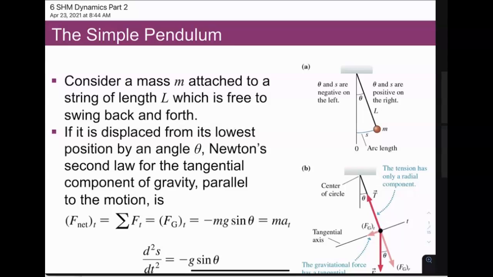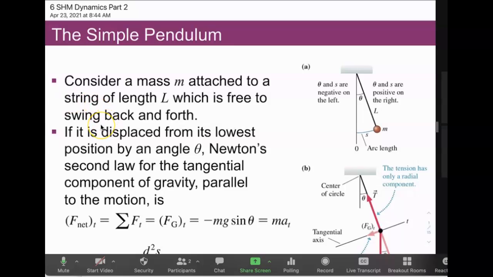And according to Newton's second law, for the tangential component of gravity parallel to the motion, the net force on the mass is just equal to the tangential component of the gravitational force, which is equal to minus mg sine theta.